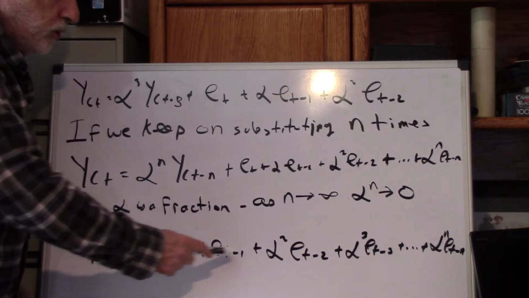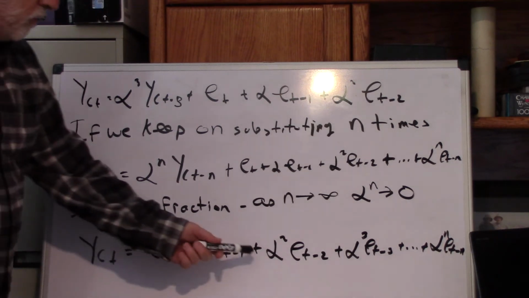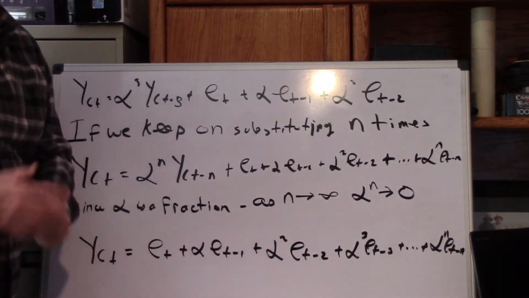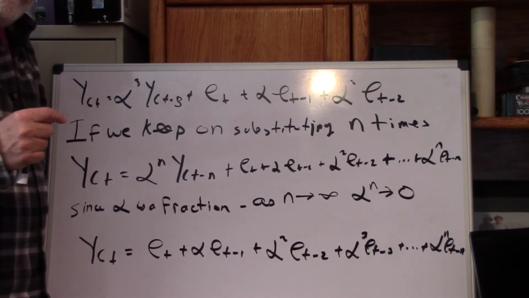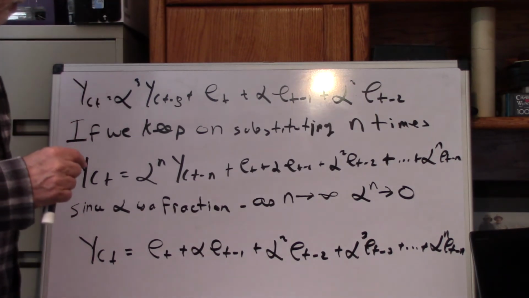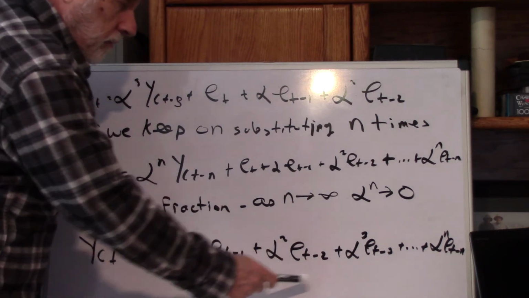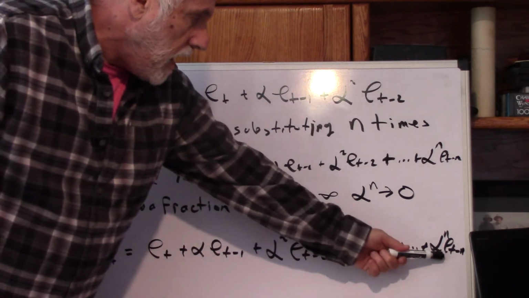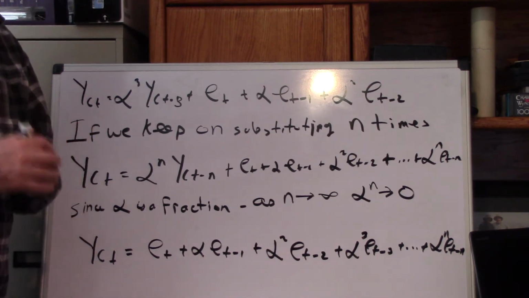And then as you go back 2 periods, it's e_{t-2}, but it's multiplied by alpha to the second power, which is a smaller value than alpha to the first power. So what we're seeing is, as you go further back in time, the impact of these shocks on the cyclical component of output today gets smaller and smaller.